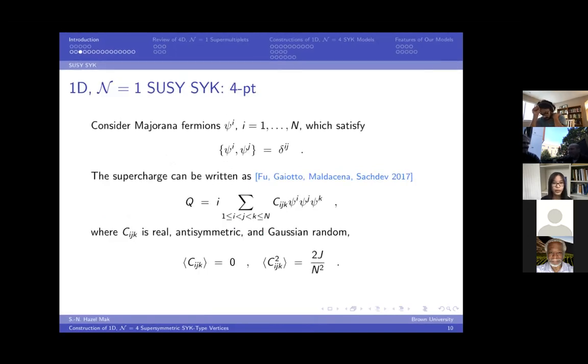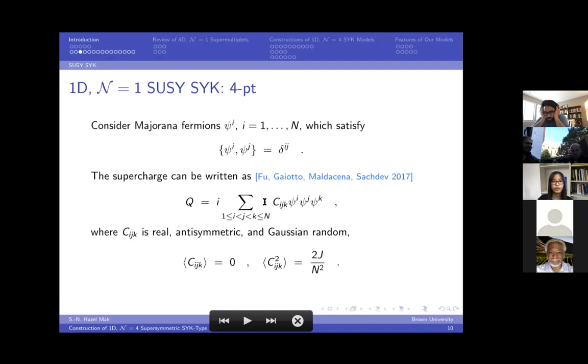Let me provide some review of these supersymmetric SYK models. For N=1 SYK models, you can consider N Majorana fermions, which satisfy this anticommutation relation. Then you can write down the supercharge in a few-term representation.